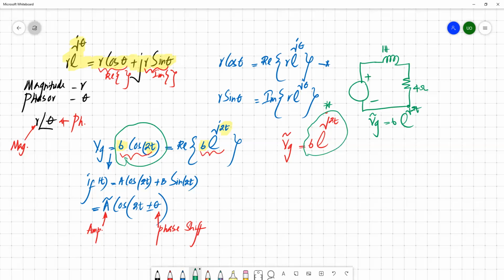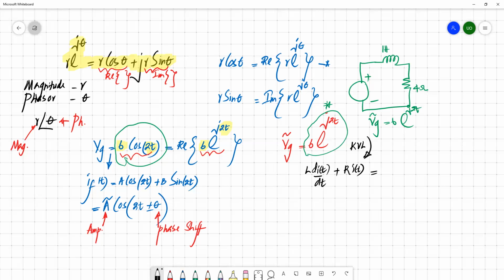Then we can continue this evaluation of the current. Similarly to the previous case, we can apply Kirchhoff's voltage law. So we have L di/dt, which is the voltage drop across the inductor, plus R times i(t).